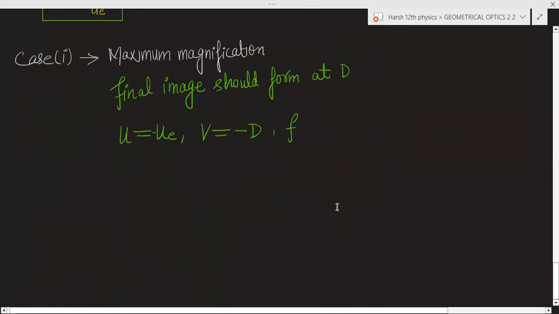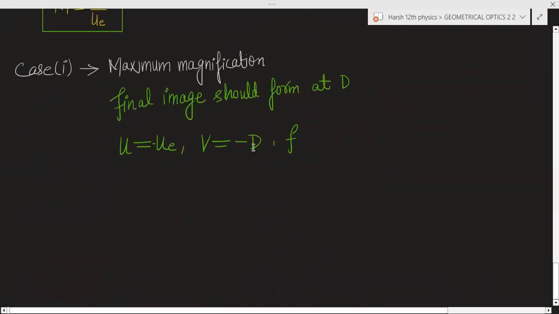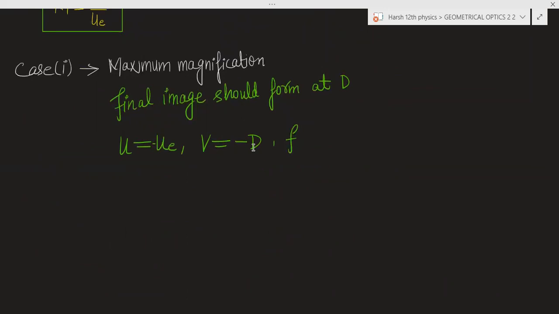So what we were discussing? We were discussing this. Now there is a lens formula. Do you know what the lens formula is? 1 by V minus 1 by U is equal to 1 by F. These are actually the basic formulas.